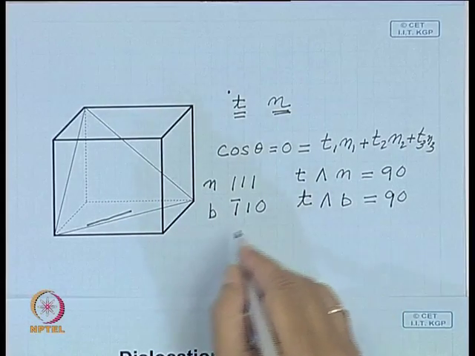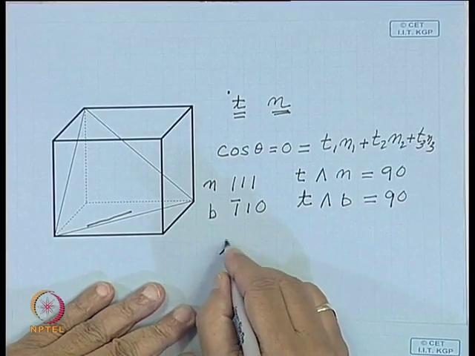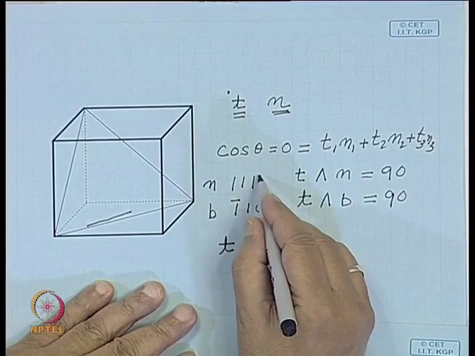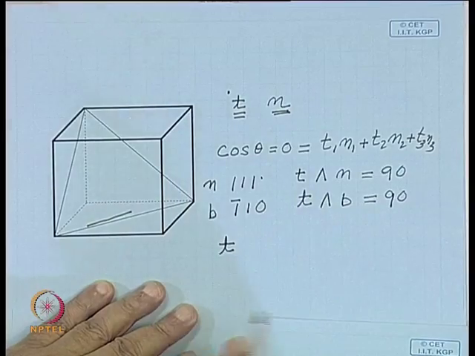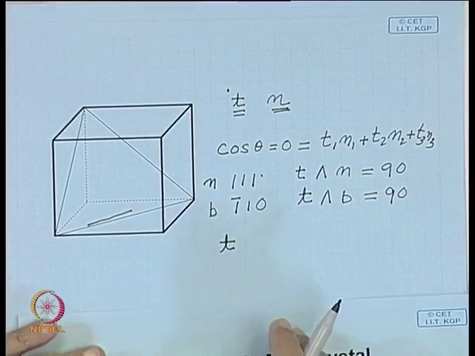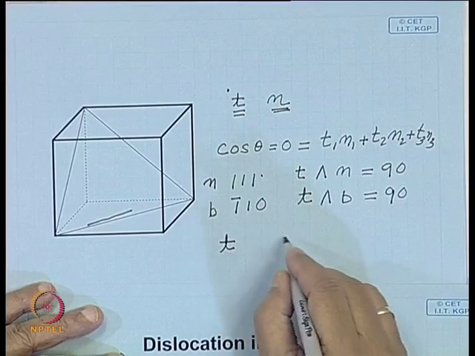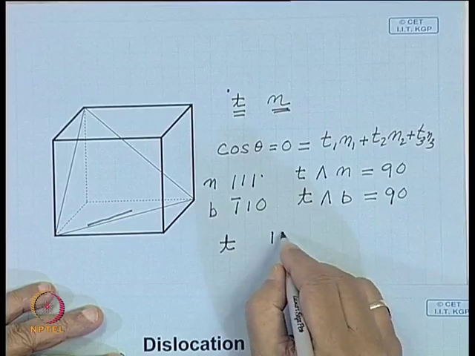I leave this as an exercise: find out the direction t which is perpendicular to both.